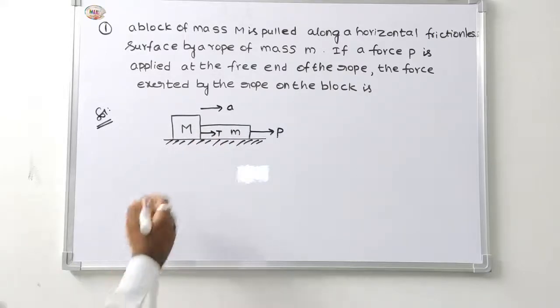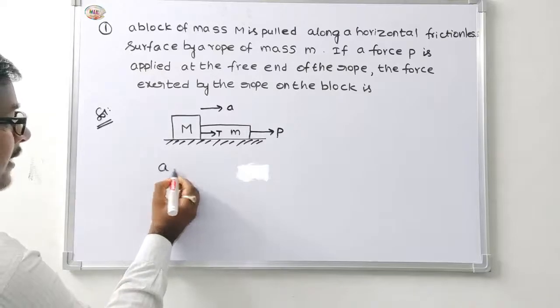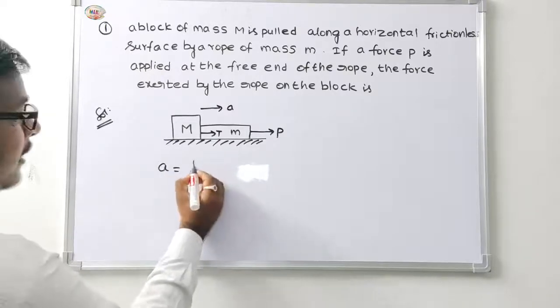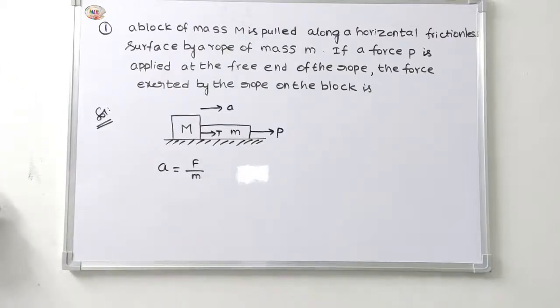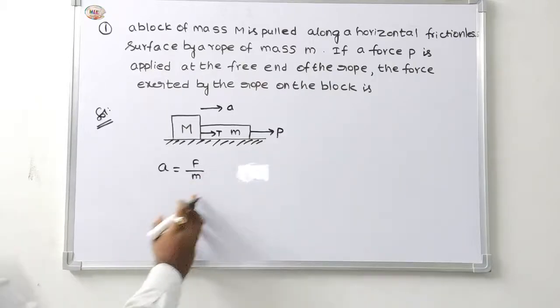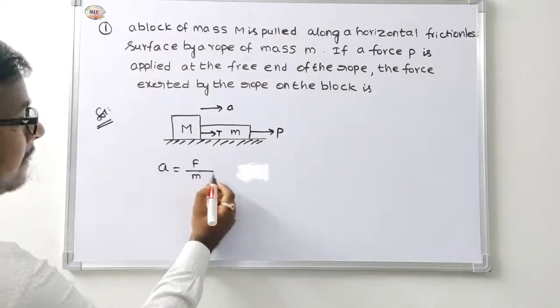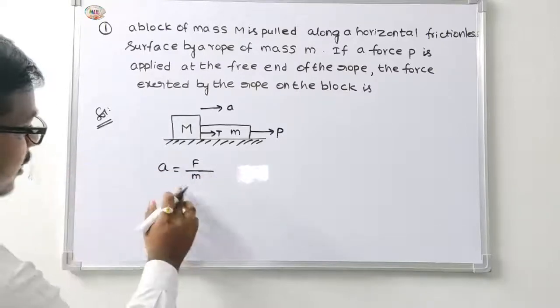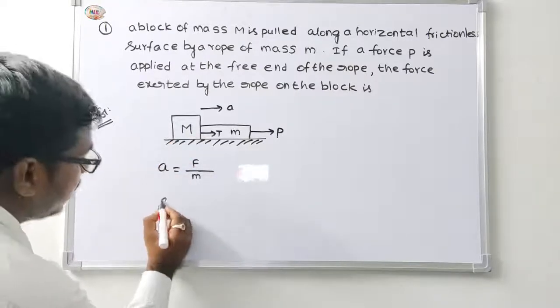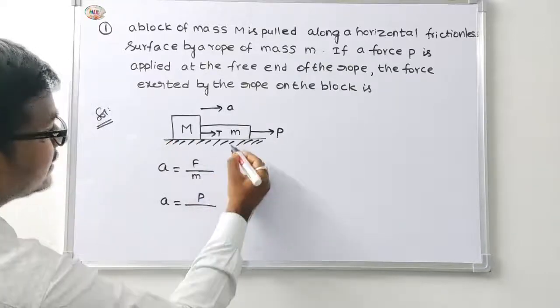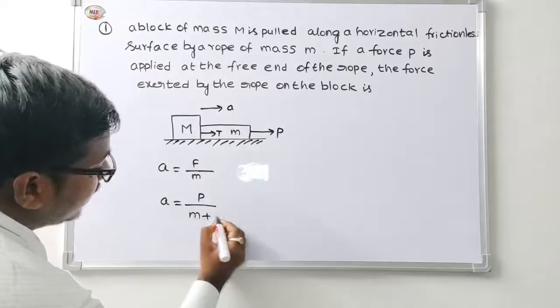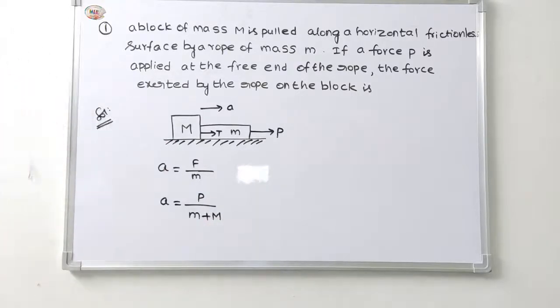The acceleration of the block A is equal to the force applied by the total mass. According to Newton's second law, A is equal to P by the total mass, small m plus capital M. So A is equal to P by M plus m.